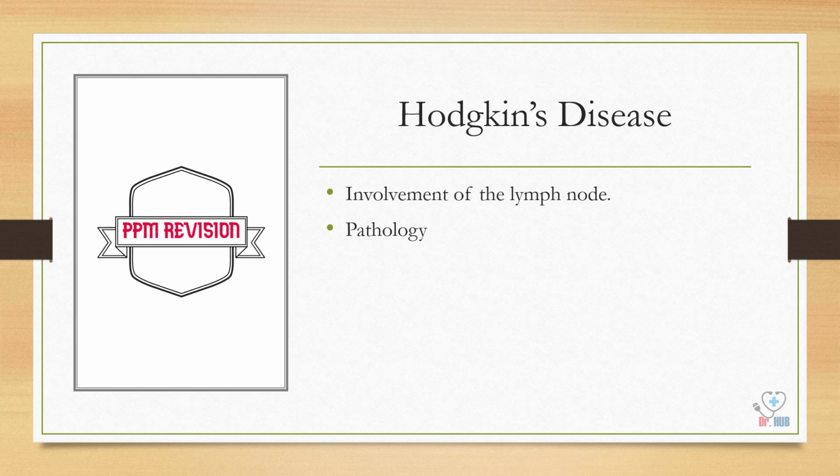hyalinized collagen. And talking about the lacunar type, another feature is lacunar type RS cells. It has a distinctive halo which is present, and as mentioned earlier, this is due to shrinkage of cytoplasm.